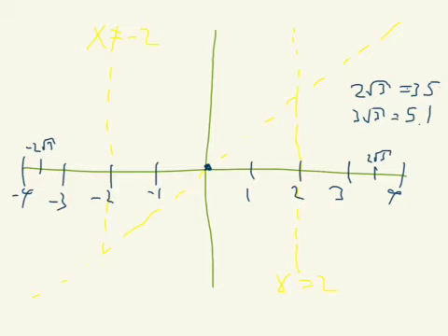Now the y-coordinate of those relatives, the minimums and maximums, going through 3 square root of 3, I'm not too concerned about that. So the graph at 2 square root of 3, 3 square root of 3 is going to be right around up here somewhere.